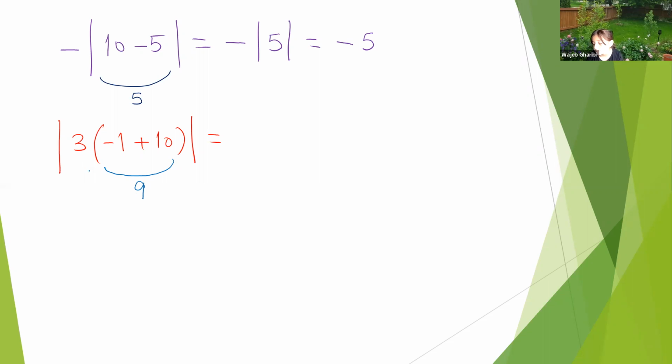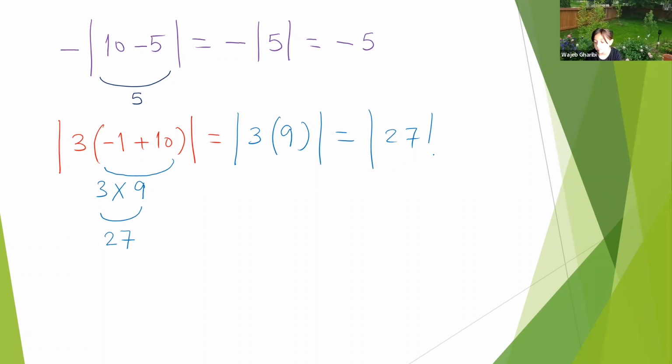Before 9 there is multiplication. What is 3 times 9? 27. So the absolute value of 3 multiplied by negative 1 plus 10 is the absolute value of 27. The absolute value of 27 is 27. Gotcha? Okay.